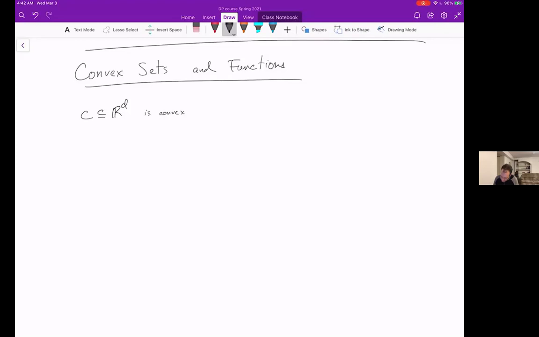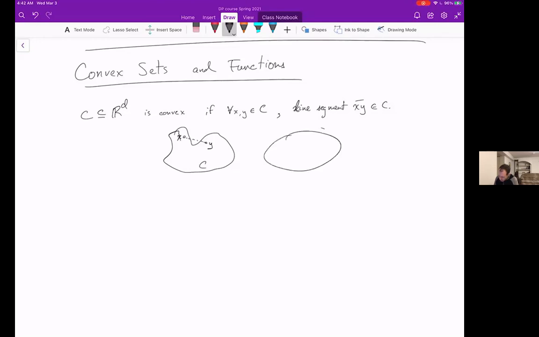So it's convex if for all x and y in C, the line segment xy is in C. This set is not convex because here x and y can't see each other within the set C. This set is convex. So is this one.